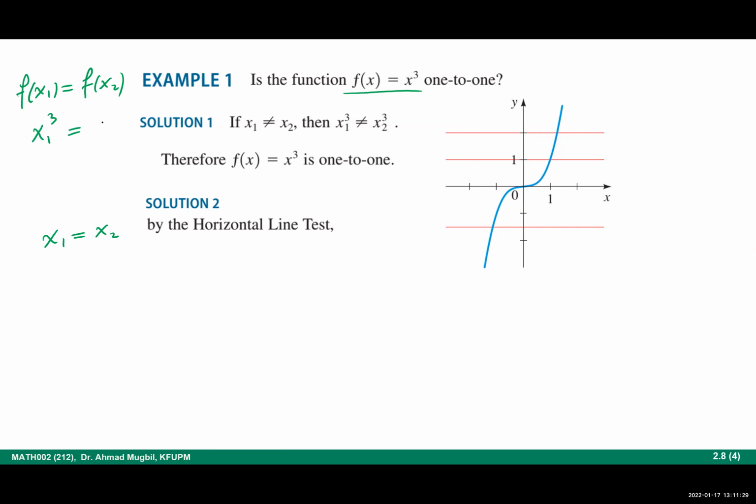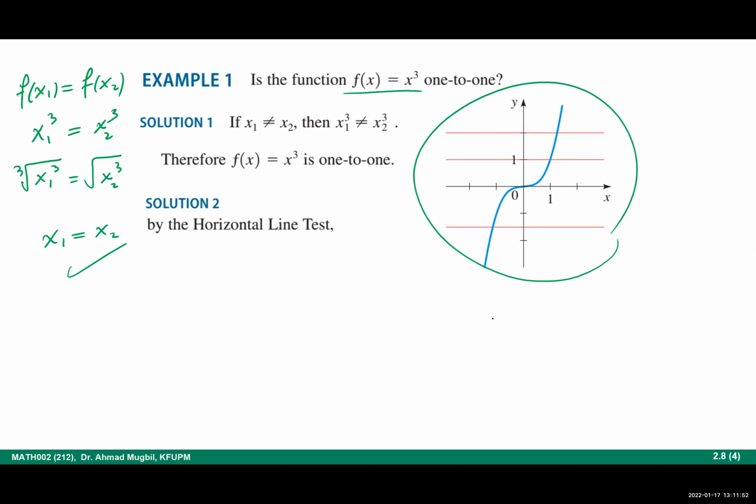What is f at x2? It will be x2 to the power 3. What you will do, you will take the cubic root of both sides because you need to get x1 equals x2 if you can. Of course, because it is an odd radical, they will cancel, and you will get, of course, x1 equals x2. So you show that it is one-to-one algebraically, but still geometrically is better and easier.